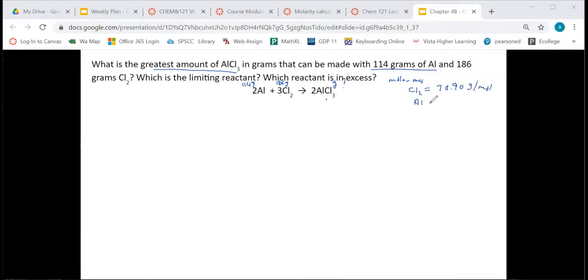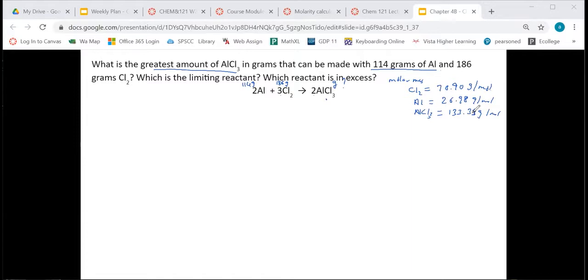And aluminum is 26.98 gram per mole. And aluminum chloride is 133.33 gram per mole. Okay, so we have all of those.